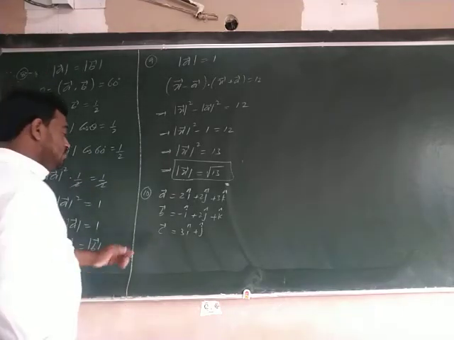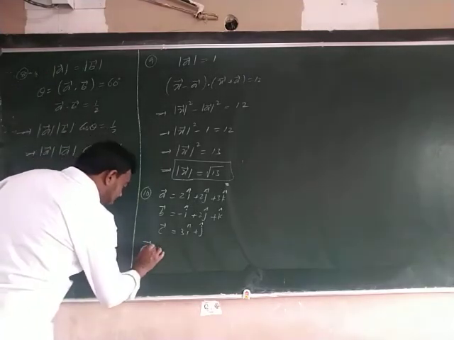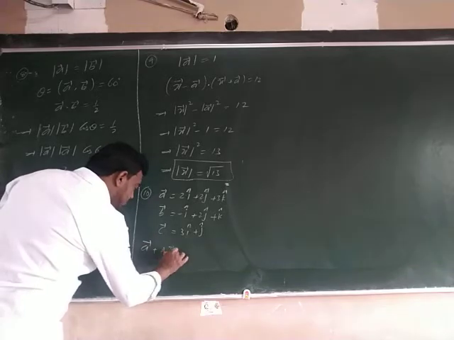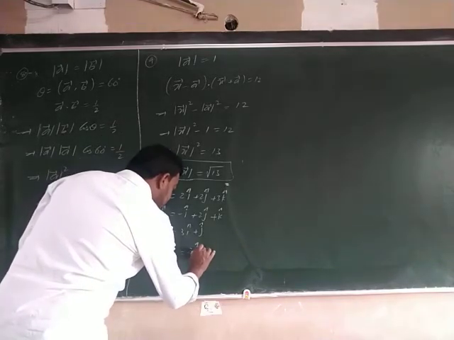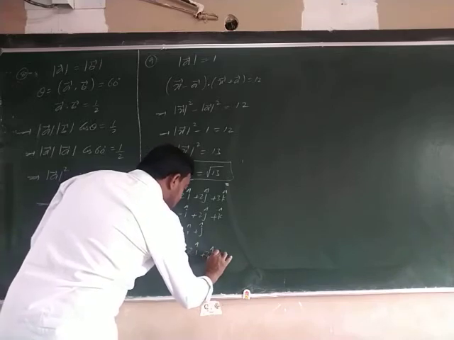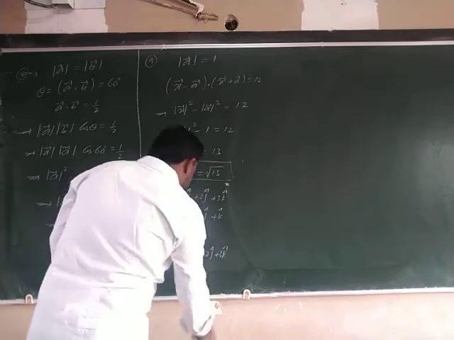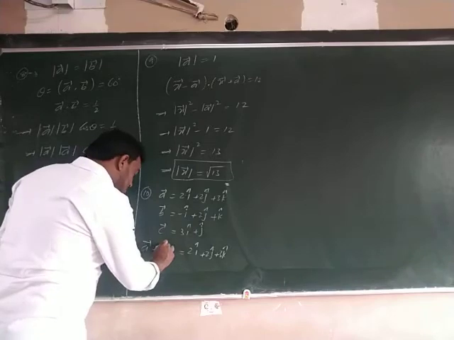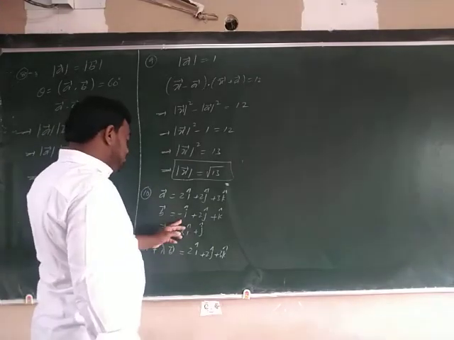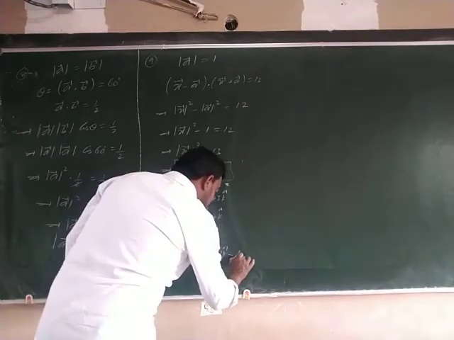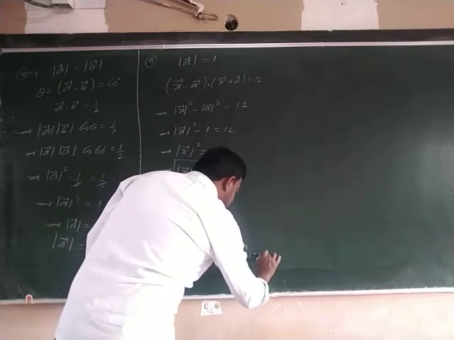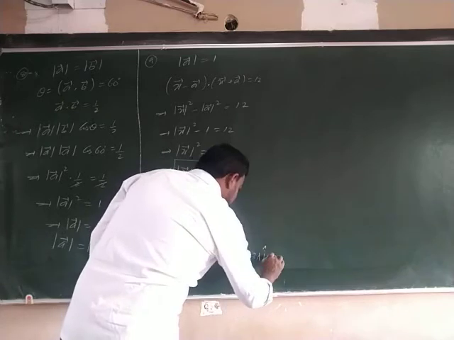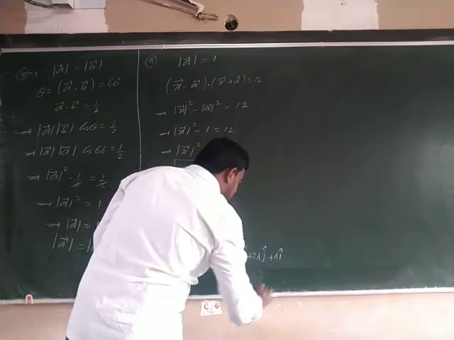So first you find vector A plus lambda into vector B. This is equal to 2i cap plus 2j cap plus 3k cap plus lambda into vector B, vector B multiplied with lambda. So minus lambda into vector i cap plus 2 lambda into vector j cap plus lambda into vector k cap.